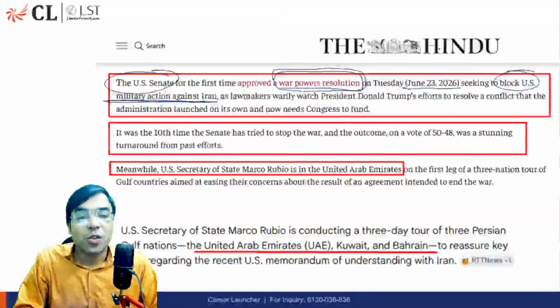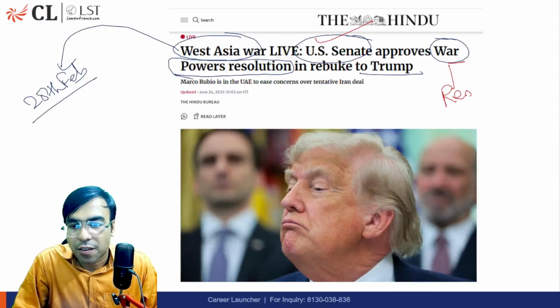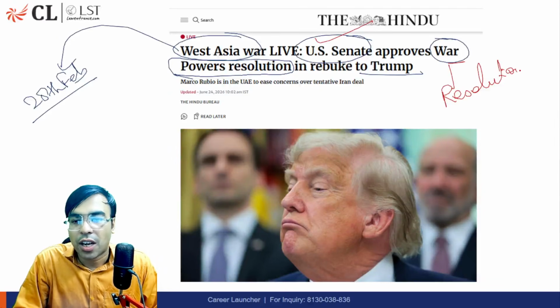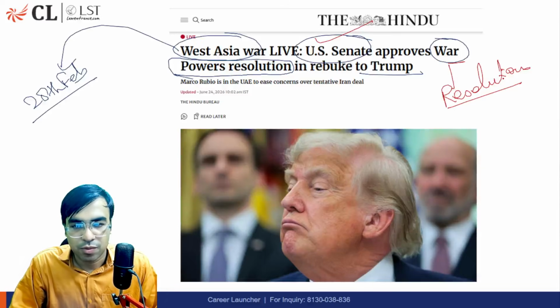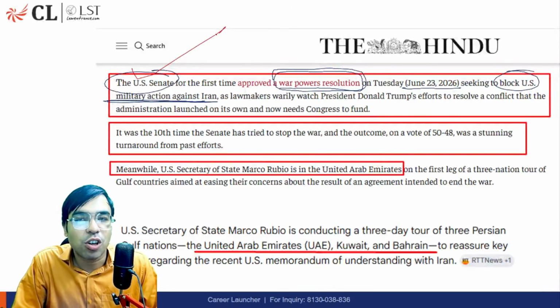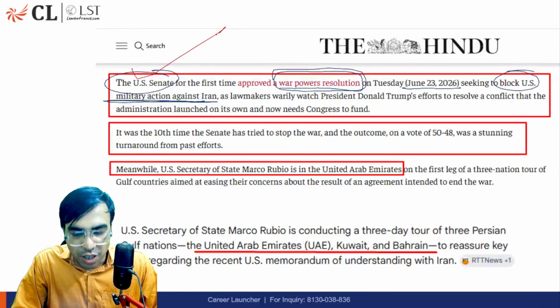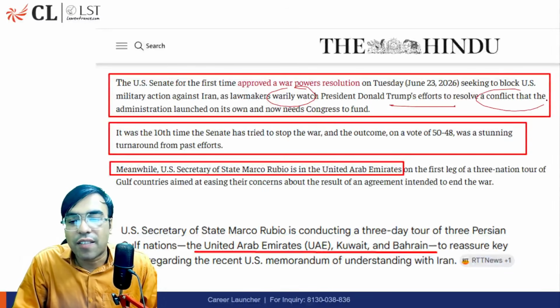The US Senate has approved, passed a resolution, and that resolution is called the war powers resolution. They passed a resolution that the USA should not be taking war, or should not continue the war, against Iran. Lawmakers warily watch President Trump's effort to resolve the conflict.